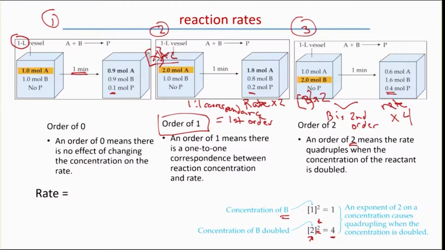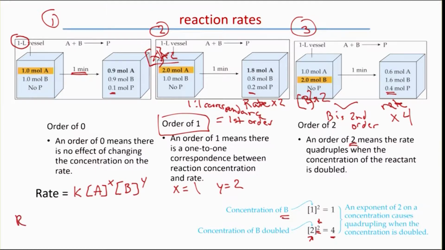And we can then write our rate law. The general rate law was the rate is equal to k times the concentration of A to the x times the concentration of B to the y. Now, using this experimental data, we have figured out what x and y are. x is 1, y is 2, and so now we can write the correct rate law.